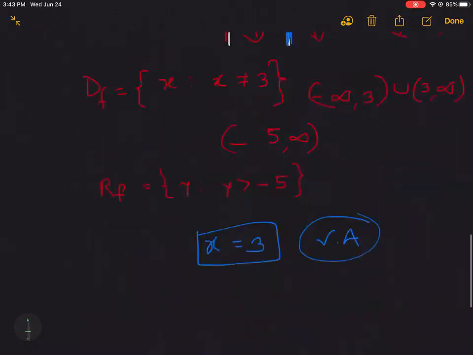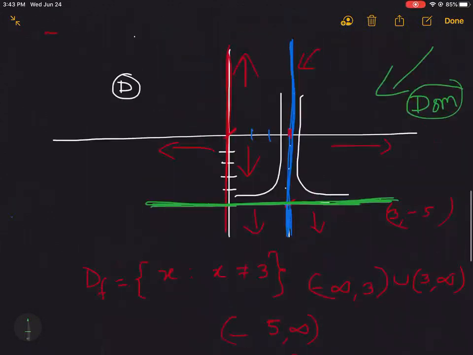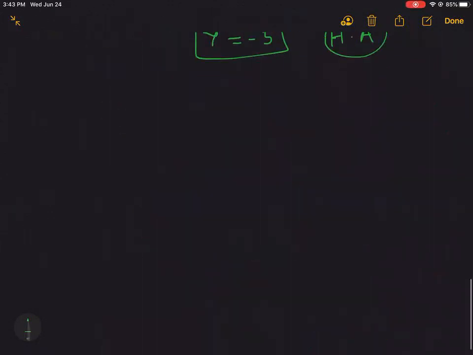So that means we'll say y equals -5 is our horizontal asymptote, right? The next question is whether we have an oblique asymptote. And as far as I can see in the graph, the answer is a big no, right?